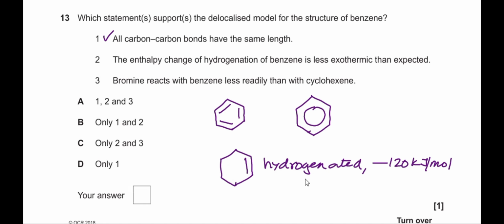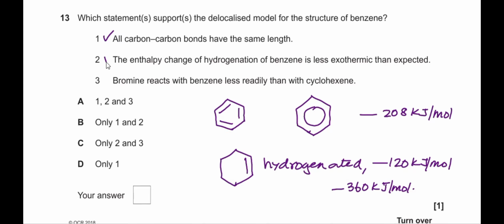Therefore, it was calculated that if benzene had 3 double bonds, then the enthalpy of hydrogenation for benzene should be minus 360 kJ per mole. But the actual experiments showed that the enthalpy of hydrogenation of benzene was only minus 208 kJ per mole. That is less exothermic than expected, which indicates that the bonds in benzene are more stable than expected.